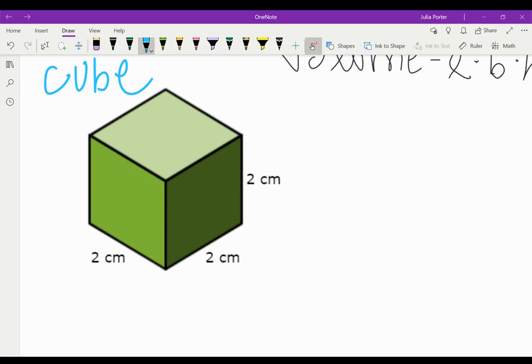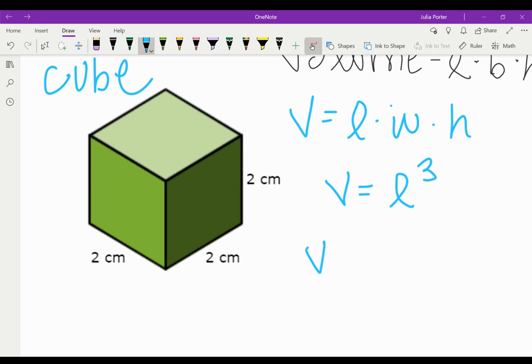We know that for a cube, we can find our volume by multiplying our length times width times height. But when we're talking about cubes, we know that all three are the same. So we can say our volume equals our length cubed, to the third power. Either way you want to think about it, I'm good with either.